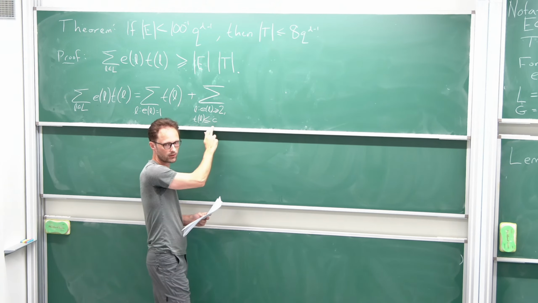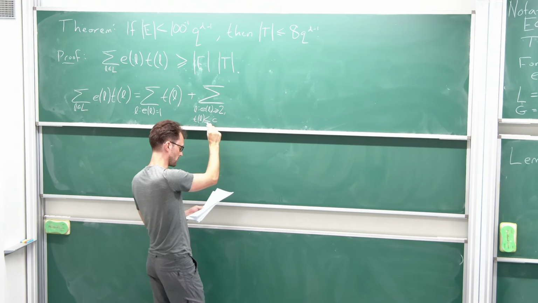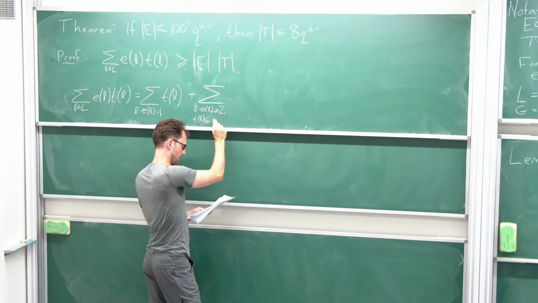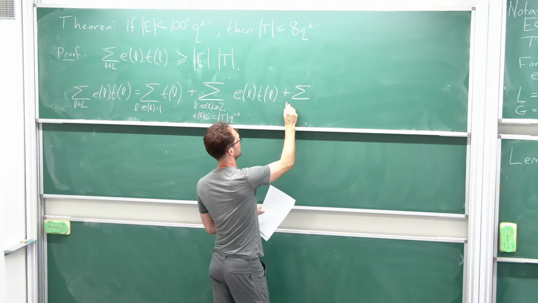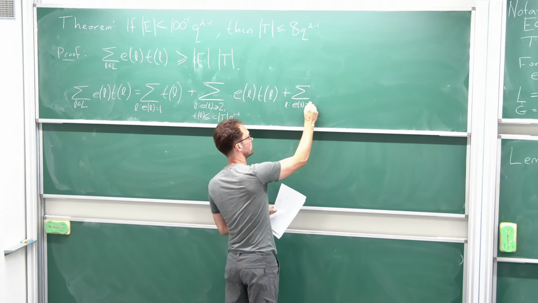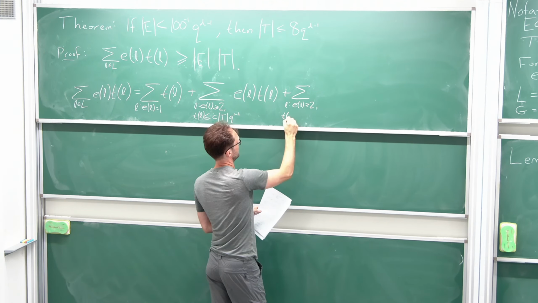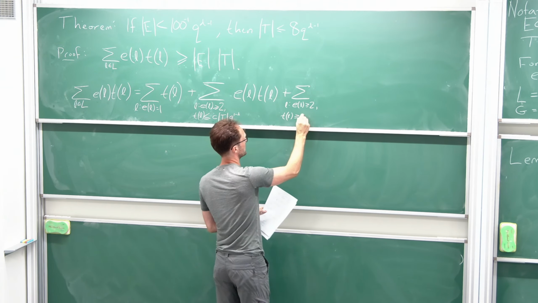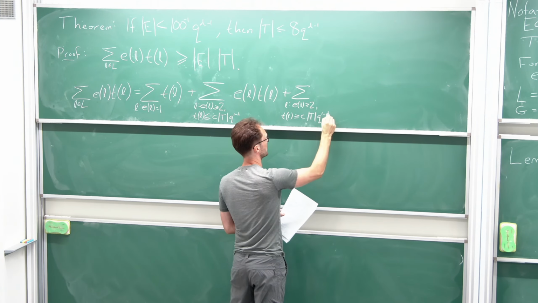We can check later on to make sure that there is a choice, but as long as there's some choice, I'll be okay. Both E and T are relatively large. Third, lines that contain at least 2 points of E and at least C times T divided by Q to the D minus 1 points of T.